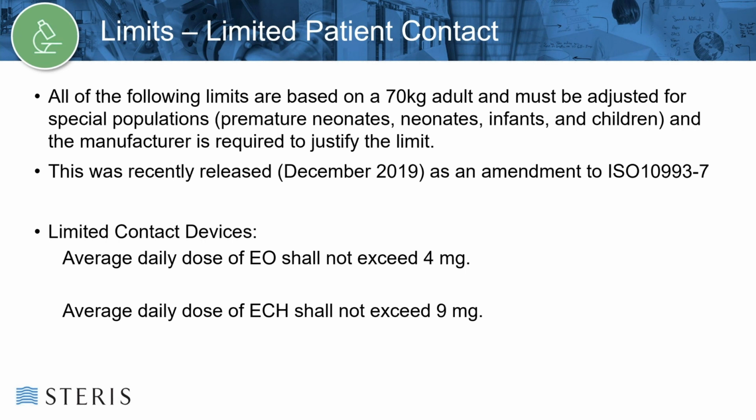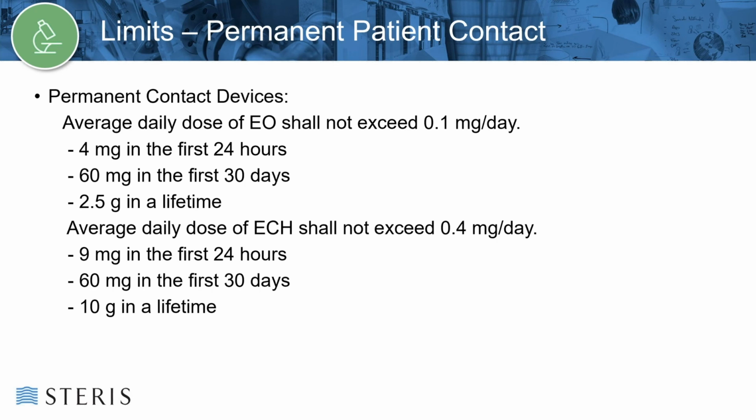Limited contact devices are those with cumulative, multiple or repeated use or contact up to 24 hours. These devices cannot exceed 4 milligrams of EO and 9 milligrams of ECH. Prolonged patient contacting devices are those that have use or contact that is likely to exceed 24 hours, but not more than 30 days.